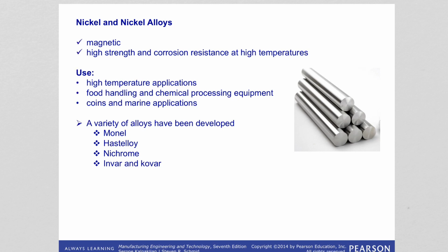Also, the behavior of nickel alloys in machining, forming, casting, and welding is modified with alloying elements, and typical alloying elements in nickel are chromium, cobalt, and molybdenum.